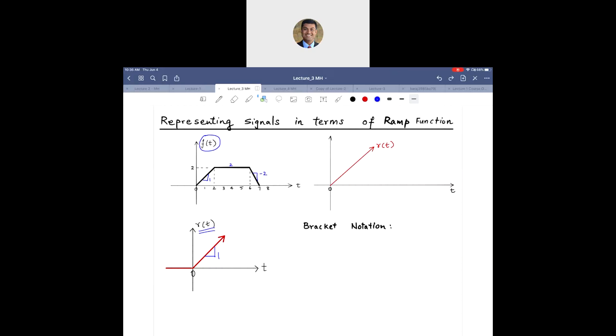So 1, 2, all right, I can do that. This is going to be what? This is going to be negative r of t minus 2, because I've shifted it to the right by 2 seconds. What I have next is, after 2, this one goes up with slope 1, this one goes down with slope 1, so they cancel out.